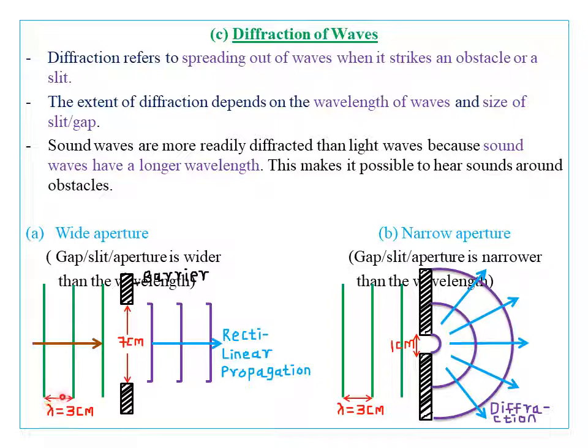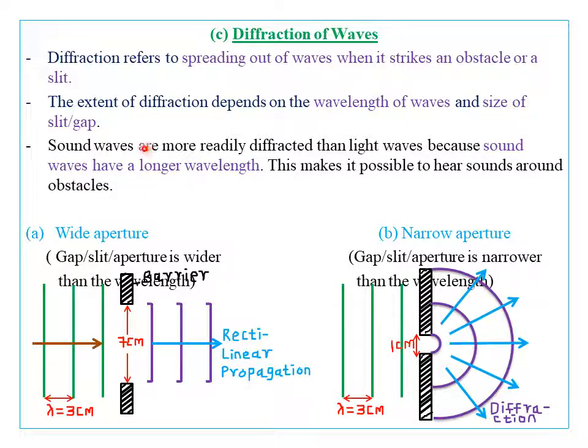Then the larger the wavelength, the smaller the rate of diffraction. No, the larger the wavelength, the faster the rate of diffraction. Yeah, when the wavelength is long, the diffraction is also very large. But when the wavelength is very small, the diffraction also becomes very small.